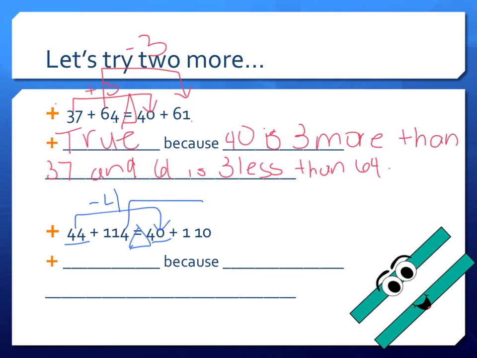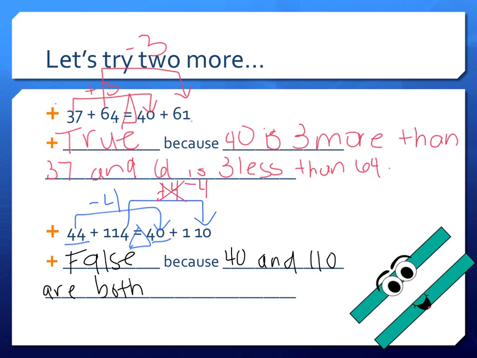That means from 114 to 110, hopefully I'm doing the opposite, which is adding 4. But I'm not. I'm actually subtracting 4. So they're not opposites. This equation is false because 40 and 110 are both less than 44 and 114.